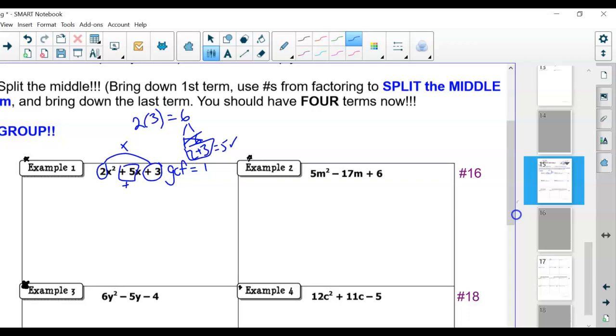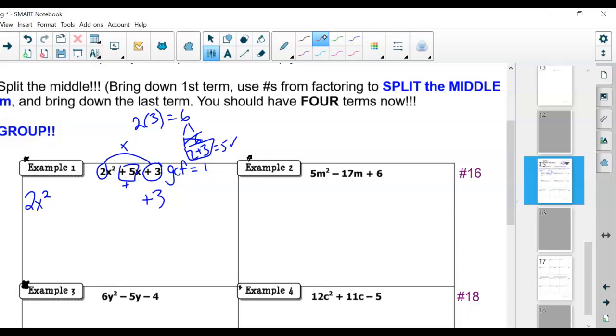So because I now have my 2 factors, I'm going to rewrite my polynomial. The first and the last term are going to stay the same. I'm not changing them, so 2x squared and 3. I am going to change my inside terms. I'm going to change that 5x to the 2 factors I just found.